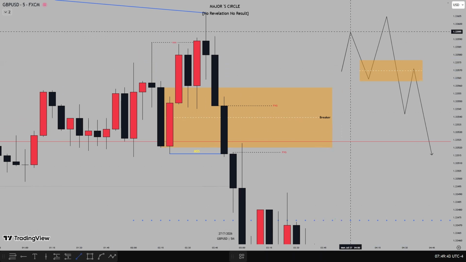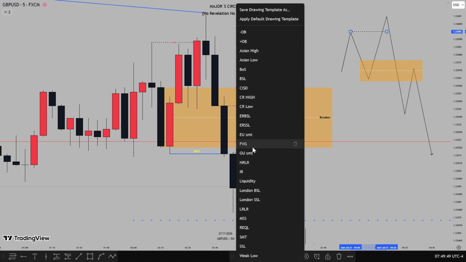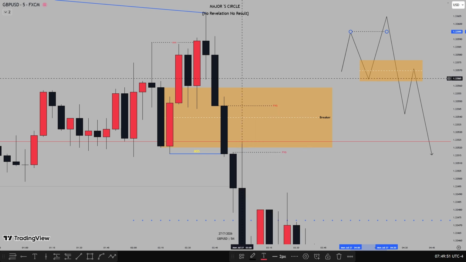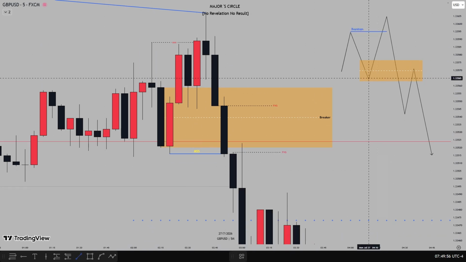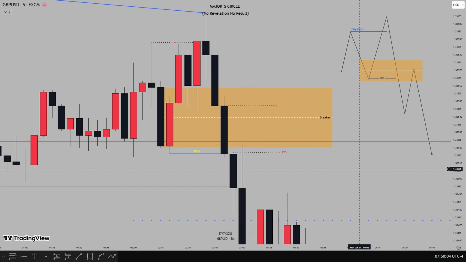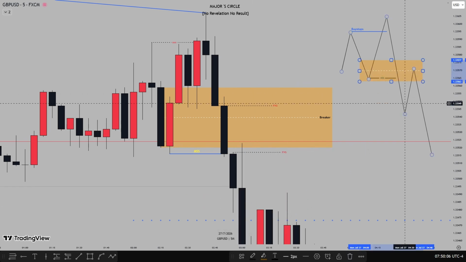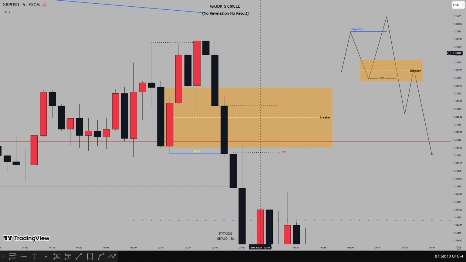Once price has taken a pool of buy stops up here, which we would call buy side liquidity, we wait for a massive displacement or change in character. Then price does a market structure shift at that point, leaving us with this bearish breaker block.